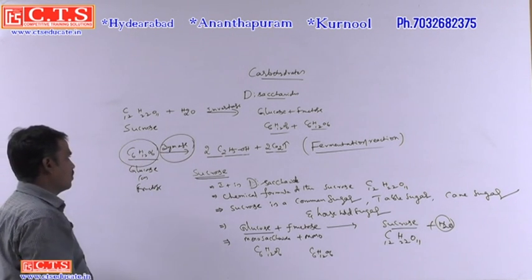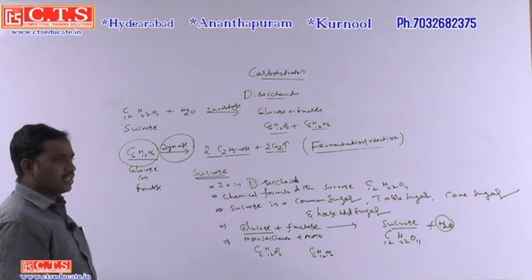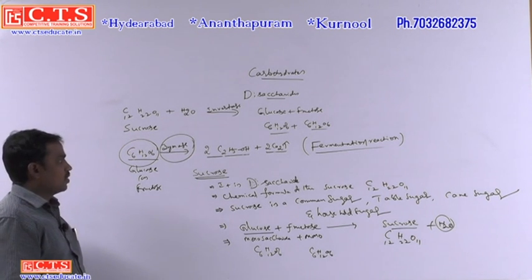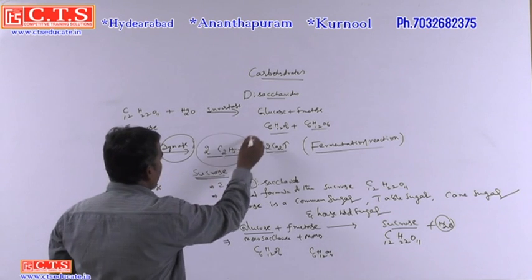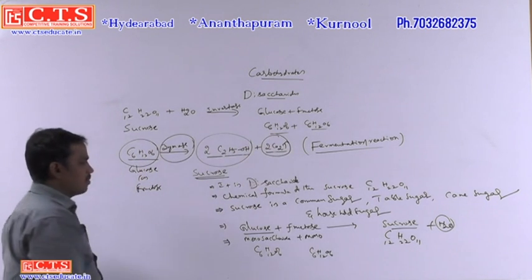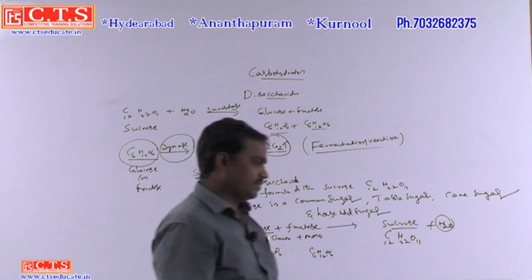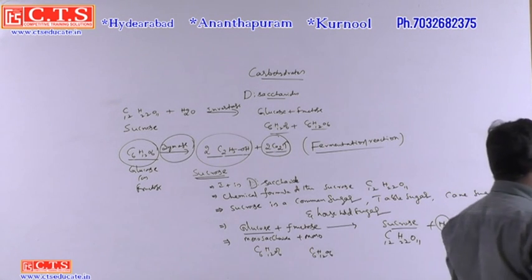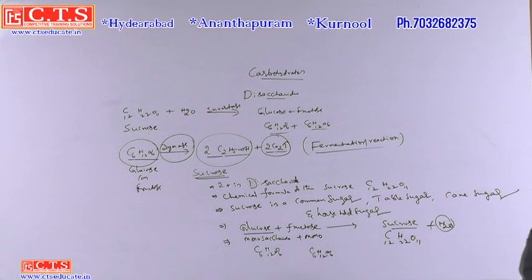Glucose or fructose in the presence of zymase enzyme gives 2 moles of ethyl alcohol and 2 moles of carbon dioxide. This is the basic information of sucrose.